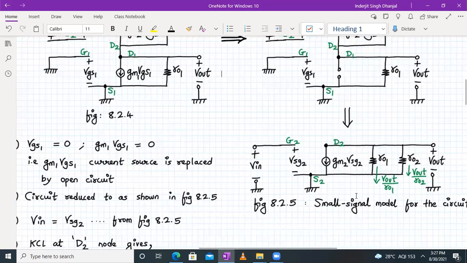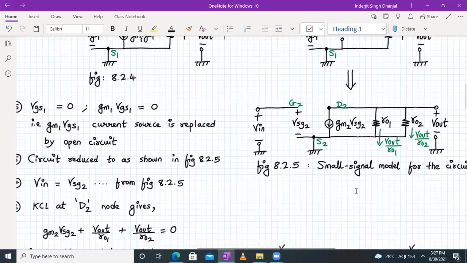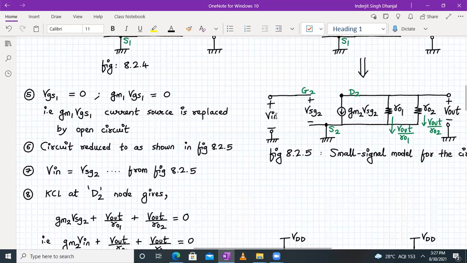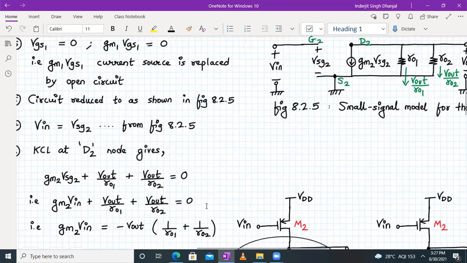Correct? So let's start calculating the voltage gain, that is VOUT upon VIN. From the circuit, we can write VIN is equal to VSG2 because they are in parallel. Now, when we apply KCL at the drain 2 node, we get gm2 VGS2 plus VOUT upon RO1 plus VOUT upon RO2 is equal to 0.